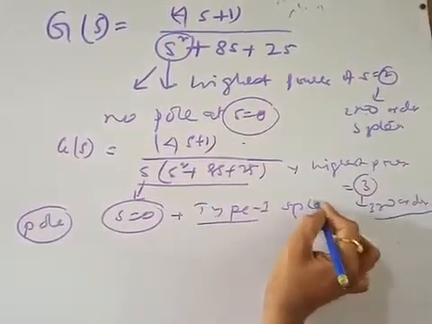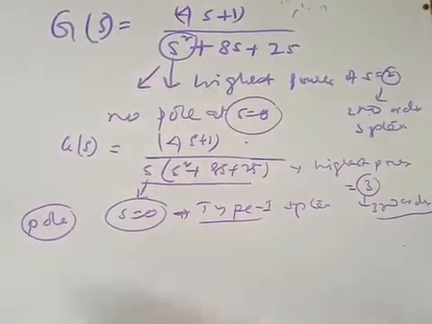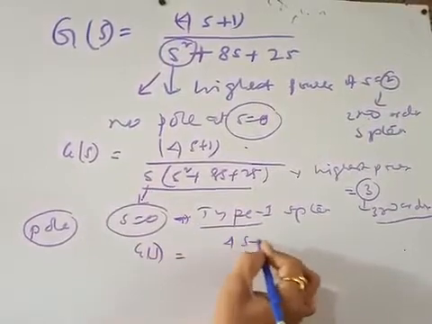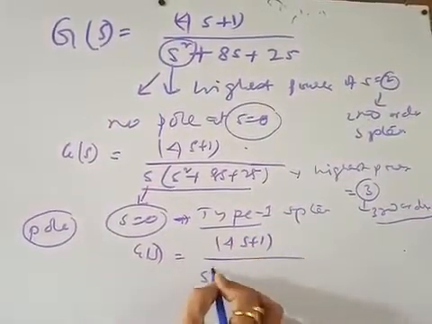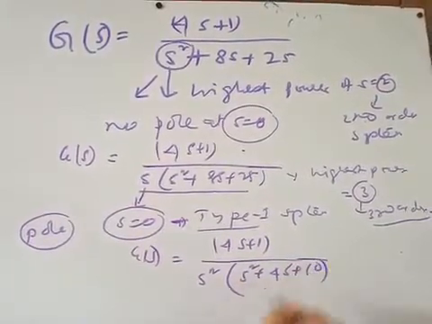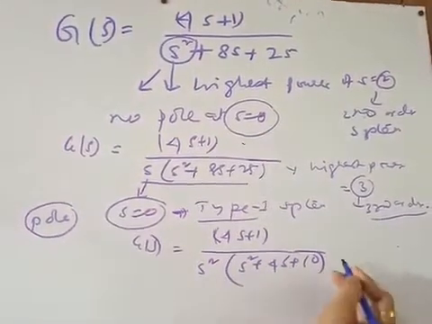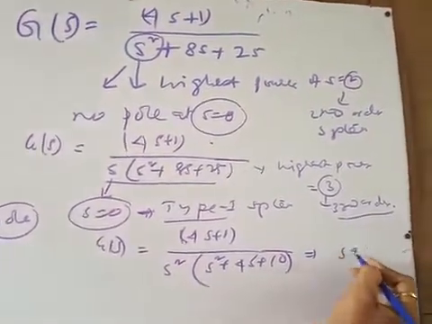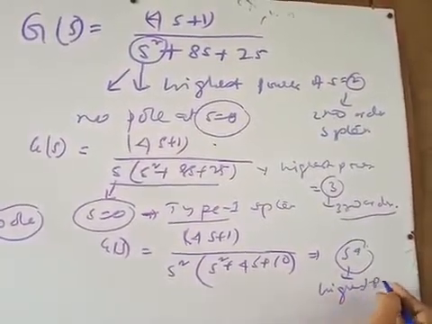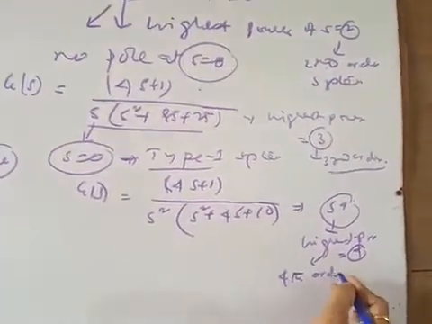These are the parameters which are very useful. If the transfer function is G(s) is equal to 4s plus 1 by s square into s square plus 4s plus 10, then if you multiply the denominator part, you get s to the power 4 in the denominator. That means the highest power is equal to 4, so this is a fourth order system.